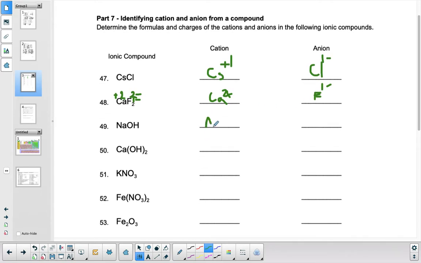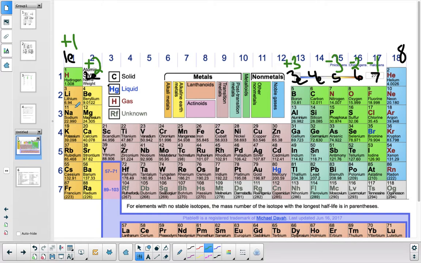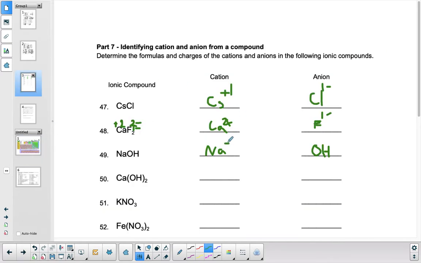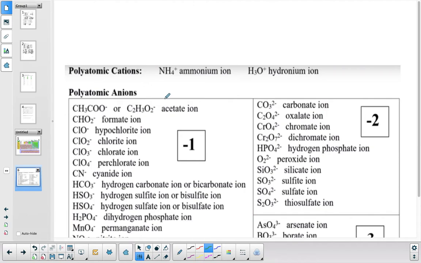So that's just a way you can kind of backtrack, double check, make sure your equation is right. So 49, we have Na, and then the polyatomic ion OH. So we can look on the board for Na, and Na has +1. And then we can check our polyatomic ion sheet for OH.